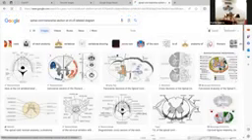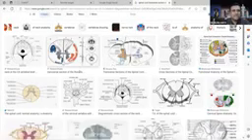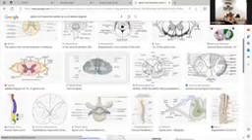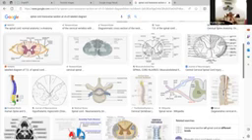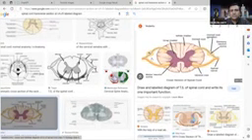Yeah, you can see that there are different diagrams. I think this is the best one. Yeah, this one is best.